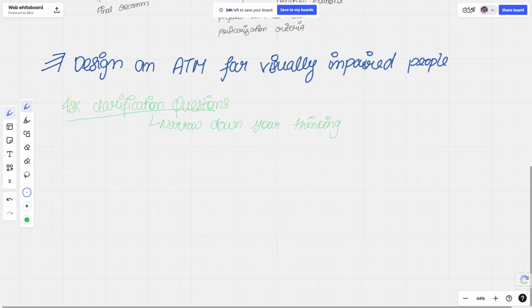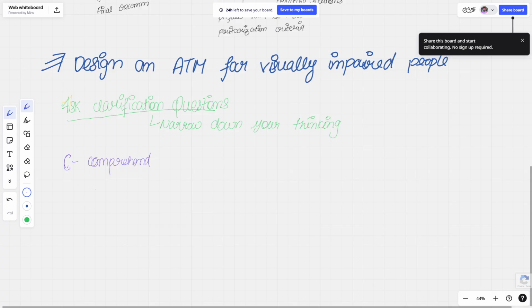Using the similar framework, C stands for comprehend. In comprehend, we have to understand why we are building this. This is our main question, and it clarifies the most important question, that is, what is the goal of creating this.